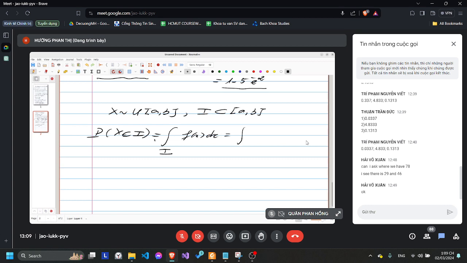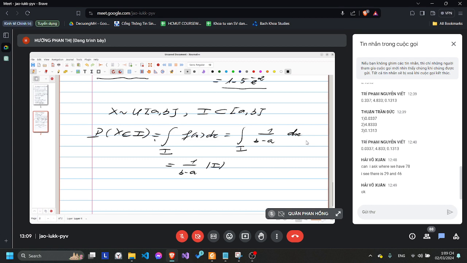Now, this is the integral over I of f(s). f(s) will be the density function, which is 1 over b minus a for any value of s belonging to this interval. So we have ds. And 1 over b minus a is a constant. So easily we have 1 over b minus a multiplied by the length of the given interval.